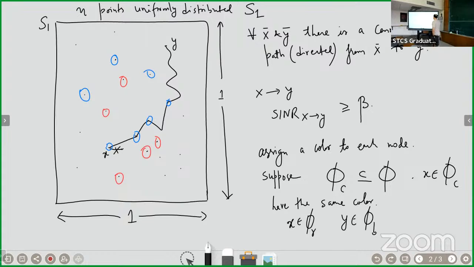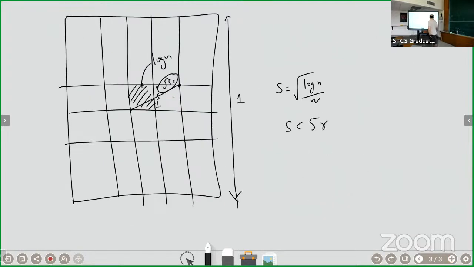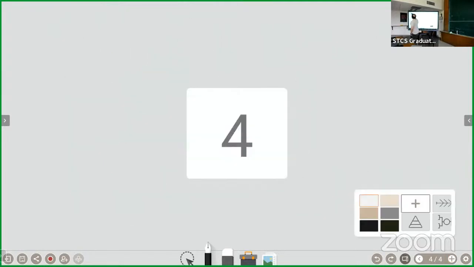Okay. As the SINR, which is P1. X belongs to P_R, Y belongs to P_B.